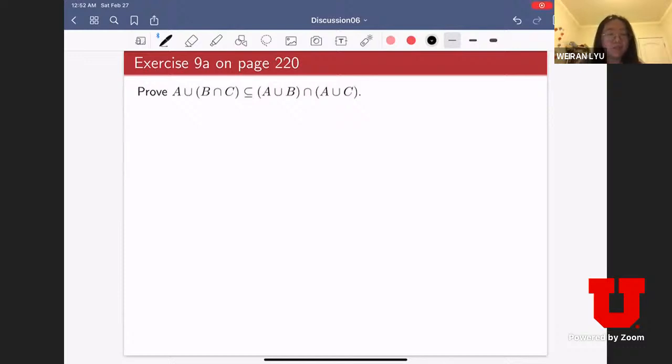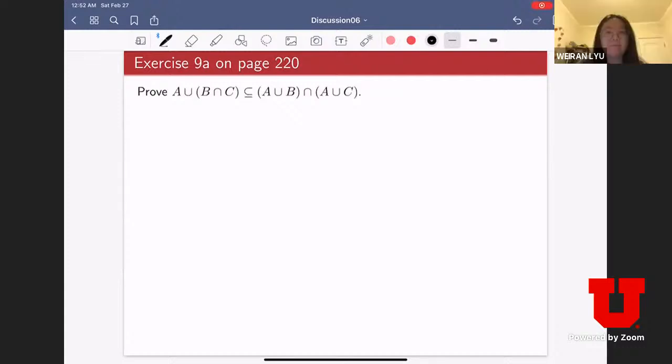All right, anyone who wants to start the proof? I can do it. Okay, go ahead. I can't annotate, so I'll just explain it.